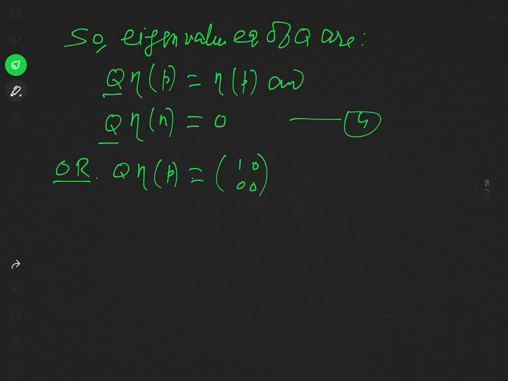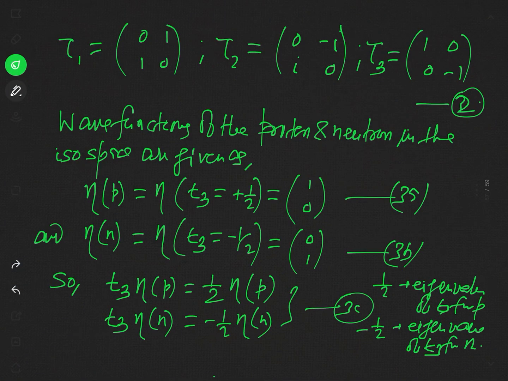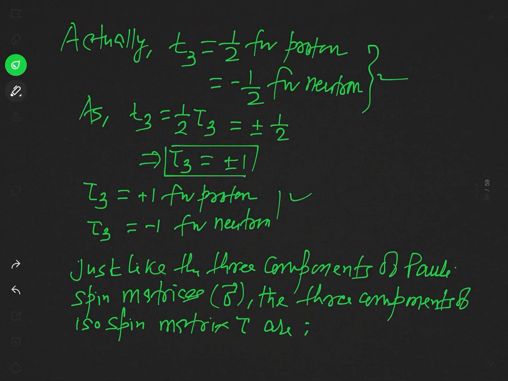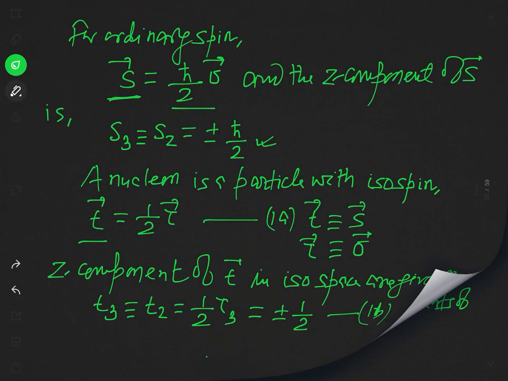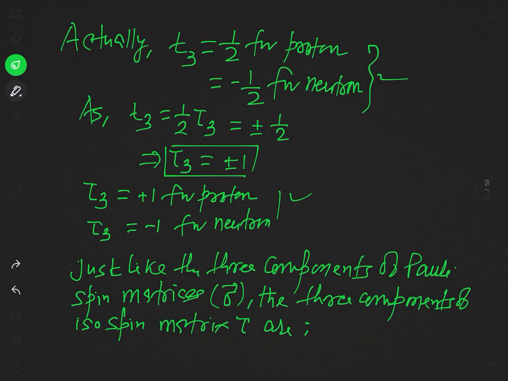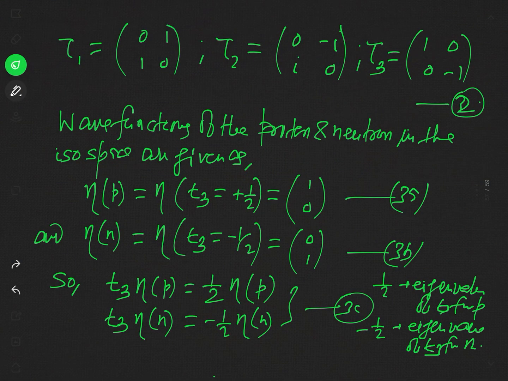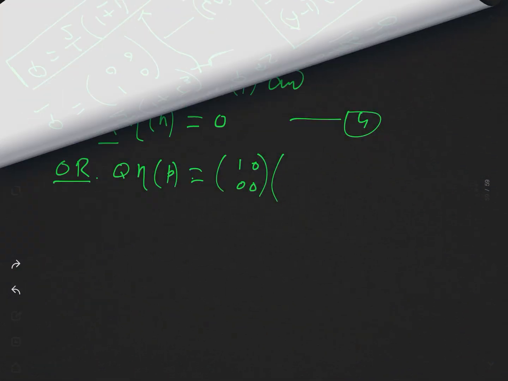You have seen that the wave function for the proton eta p is defined, see here, as a column matrix 1 0, and eta n is a column matrix 0 1.